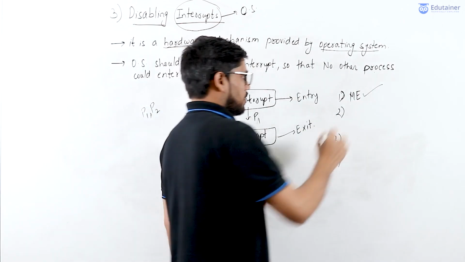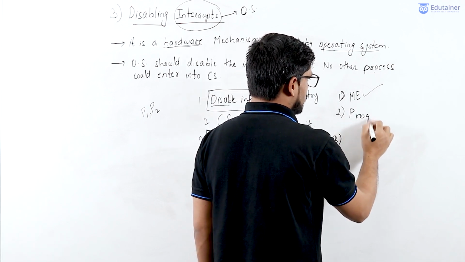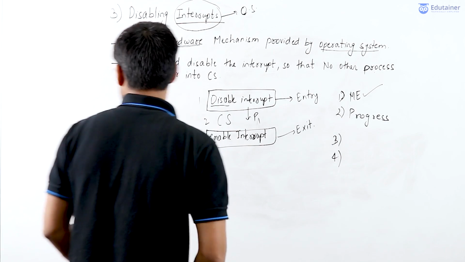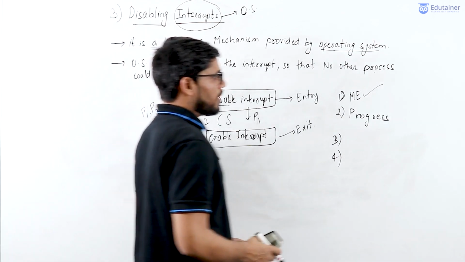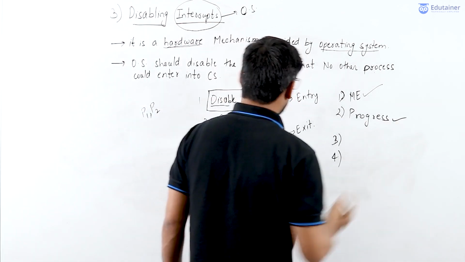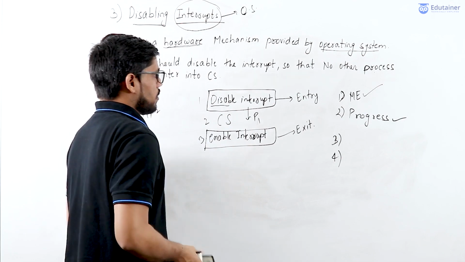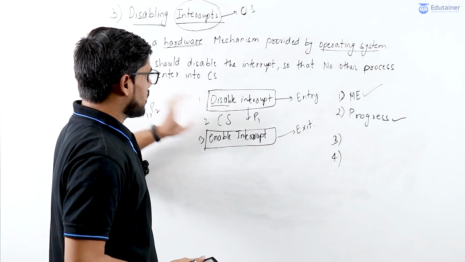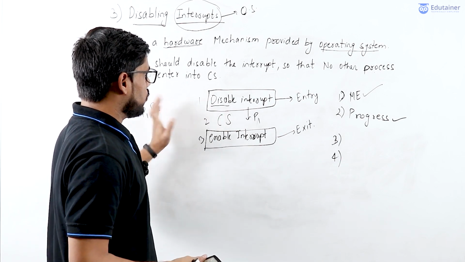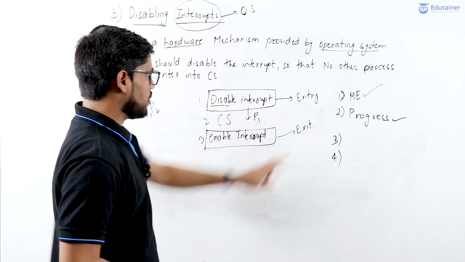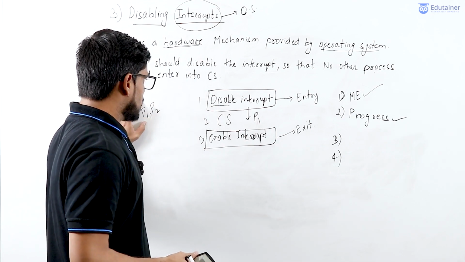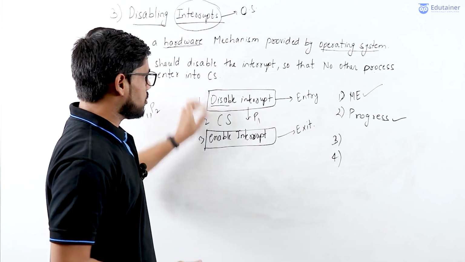And what about progress? Progress is also provided by the operating system here in the disabling interrupt mode. Whenever one process enters the critical section, no other process could enter due to the mutual exclusion property, but process P1 does not prevent process P2 from entering the critical section.